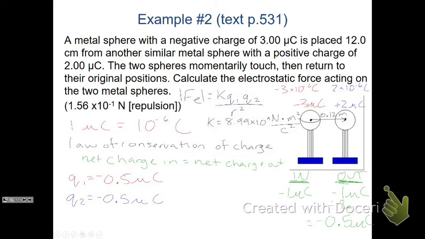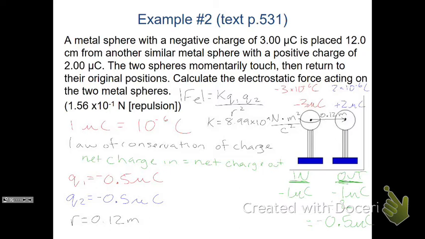Sometimes you'll have a negative 3 charge and a positive 2 charge, like our next problem, if they hadn't touched. And then our r is 0.12 meters.